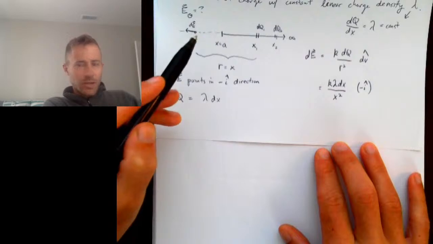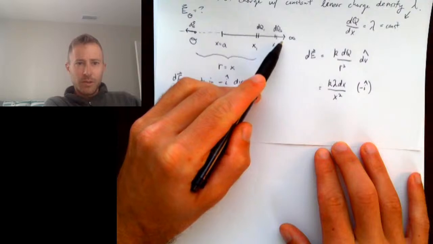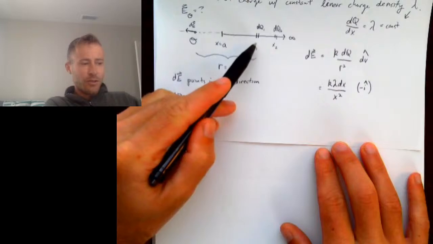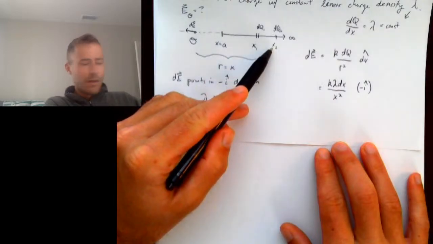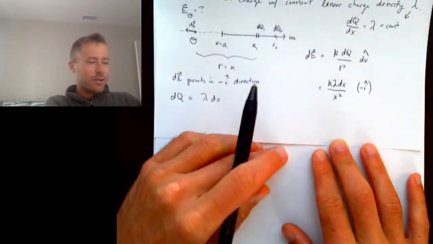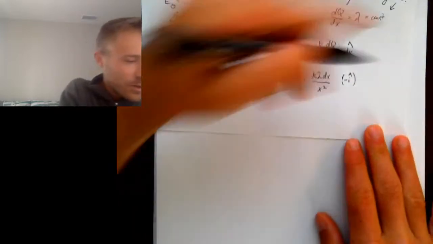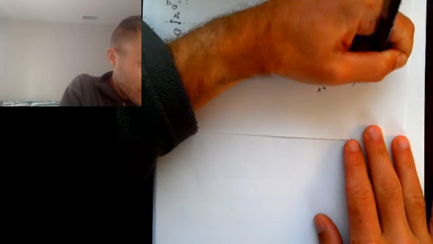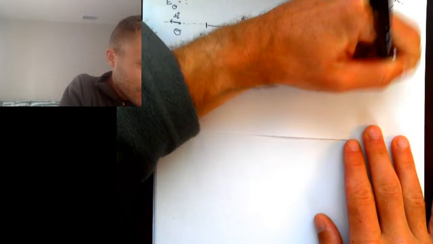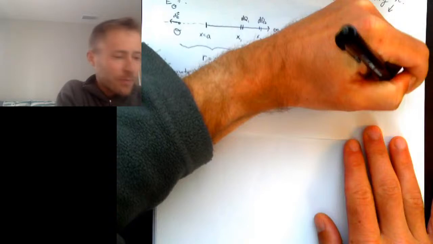So the only thing that changes from one infinitesimal piece of charge to another is the x coordinate. k, lambda is a constant, negative i is a constant. So all of this is constant except for dx and x squared. I'm going to make that explicit by factoring out k, lambda, i hat, all constant, times dx over x squared.